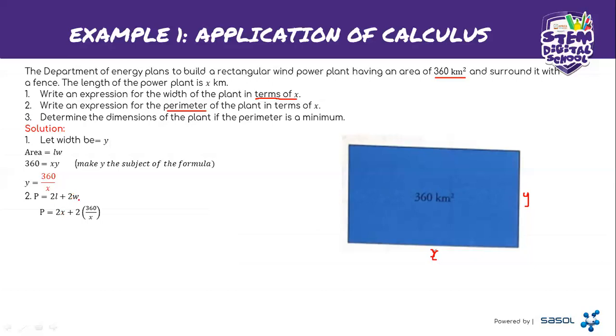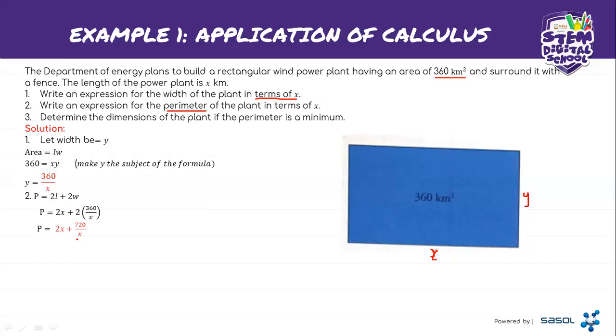So where you see the width, we're going to substitute with 360 over X. Then you simplify it, and our perimeter in terms of X is equal to 2X plus 720 over X, right? Then we have answered the question, okay?